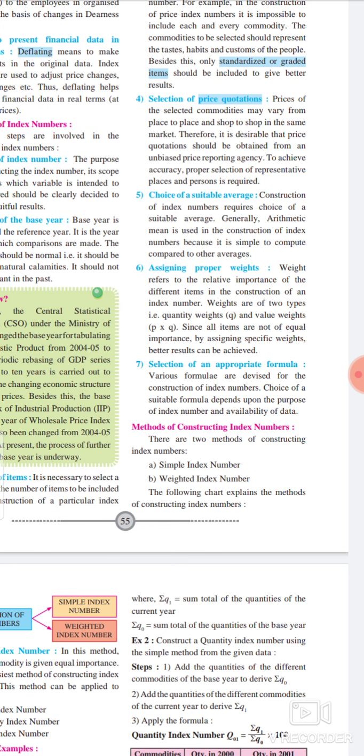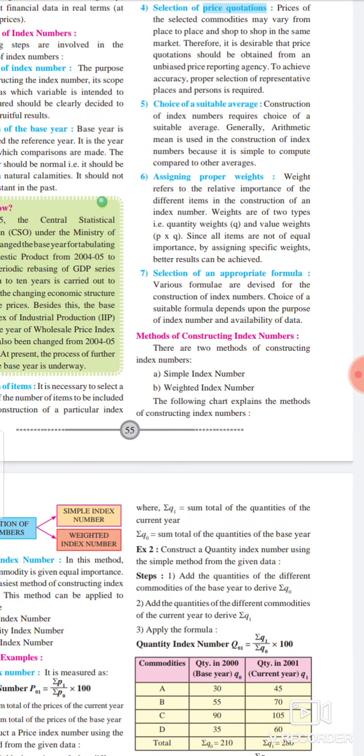So the weight refers to the relative importance of the different units in the construction of index number. The weights are of two types, quantity weight and value weight, meaning price and quantity, and all units are not of equal importance. By assigning specific weights, better results can be achieved.